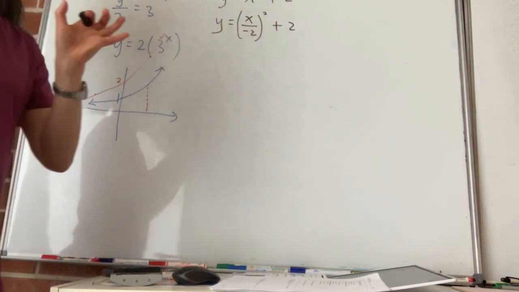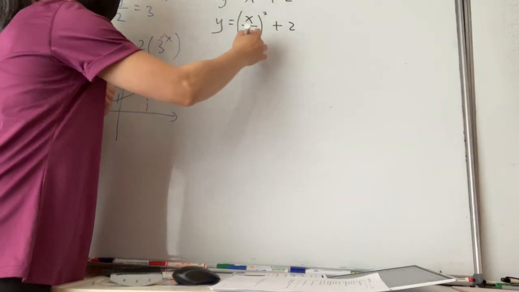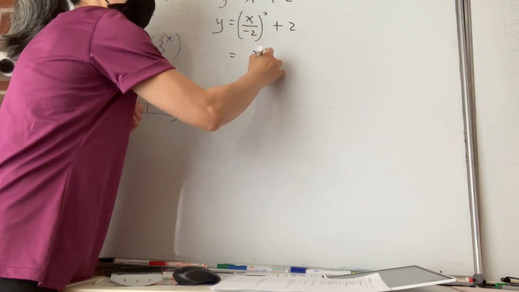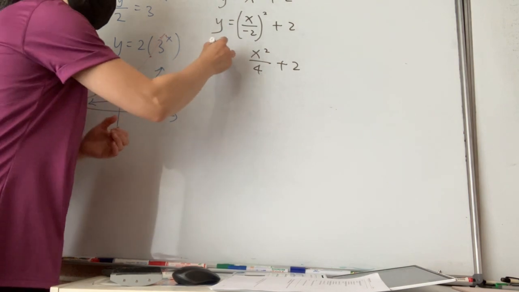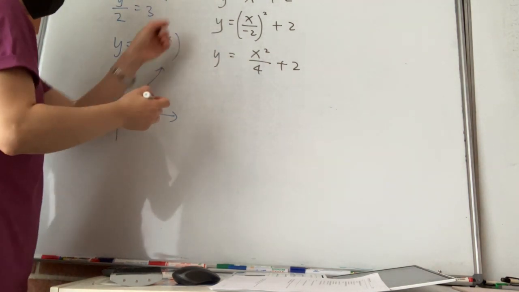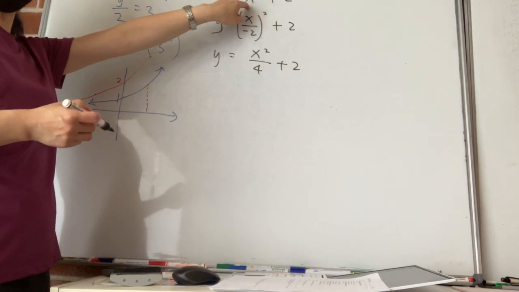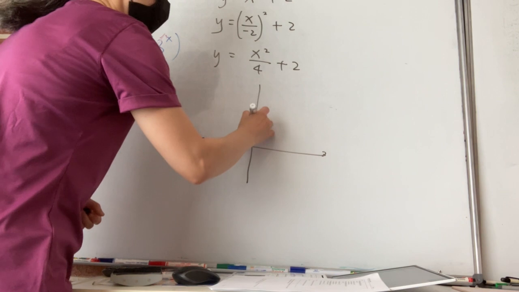I don't worry about what it looks like. I'm just putting the equation in. Simplifying it, you're going to have x squared over 4 plus 2. Is that right? Yes, that is your equation of dilation. And if you need to graph it, you graph it from the beginning in here. This is the original graph, x squared plus 2, so you have a 2 in here.